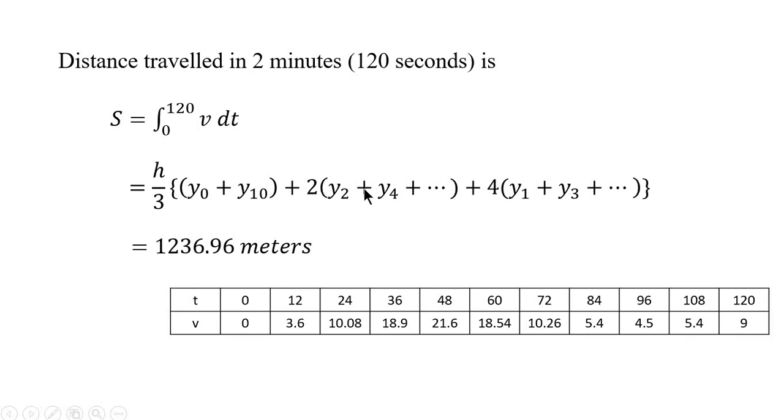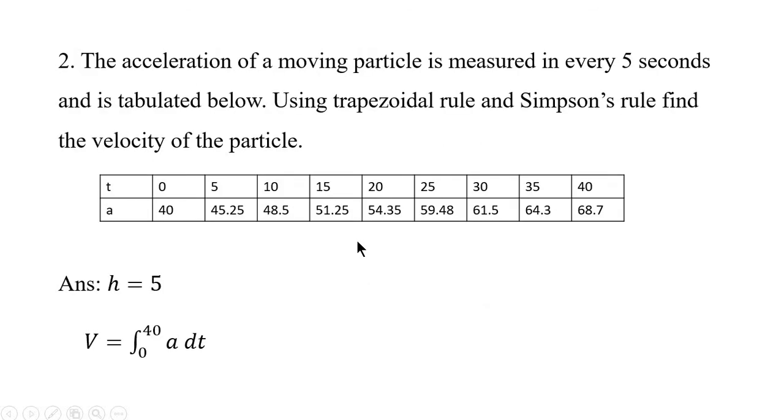And you know this is the formula y0 plus y10, where y0, y10, all these are the values of the speed. So this is y0, y1, y2, y3, y4, etc. After substituting values we get the answer in terms of meters. Now this is the distance travelled.